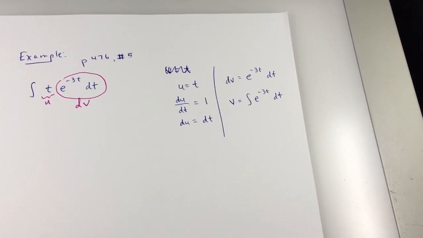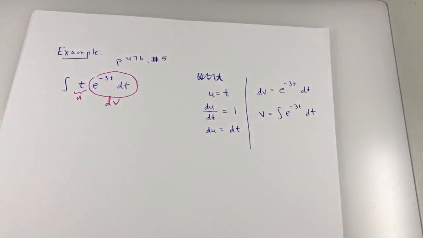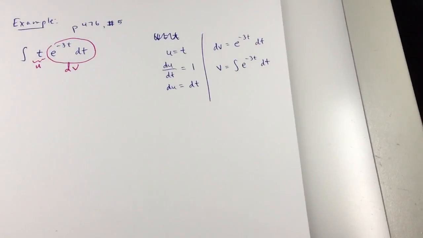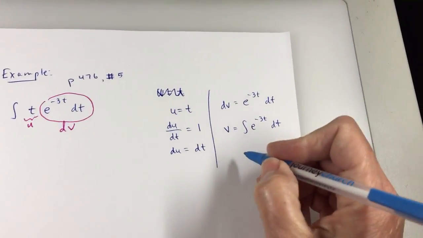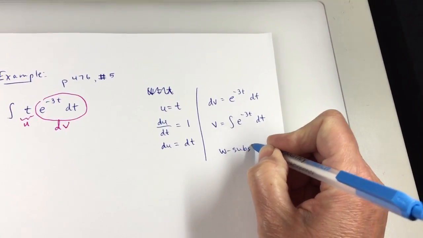I should not use u twice in a problem, or any letter for that matter, when it represents two different things. So I'm going to call it w substitution.